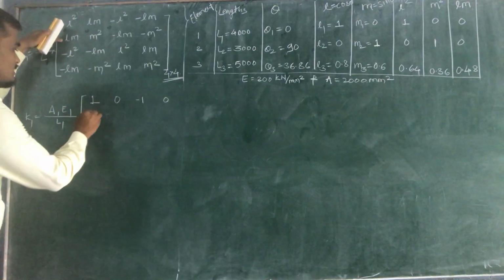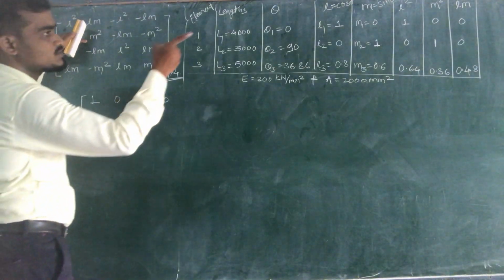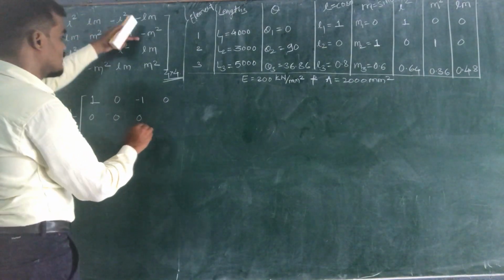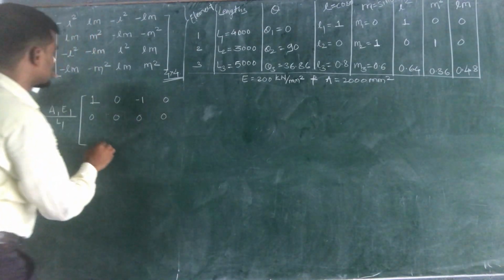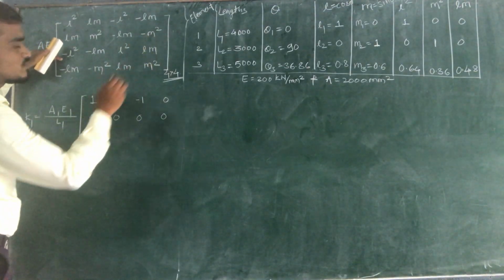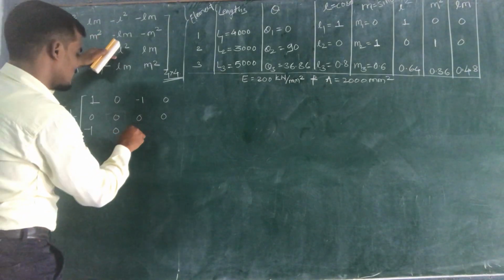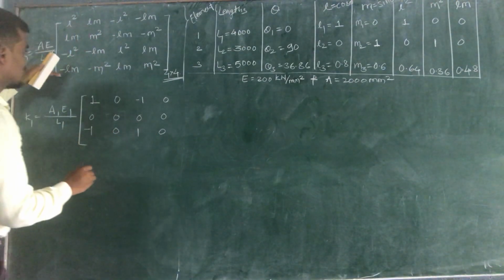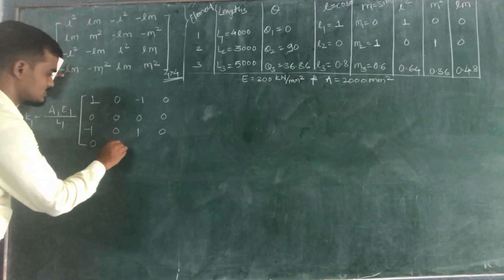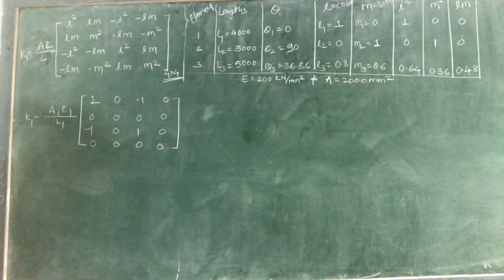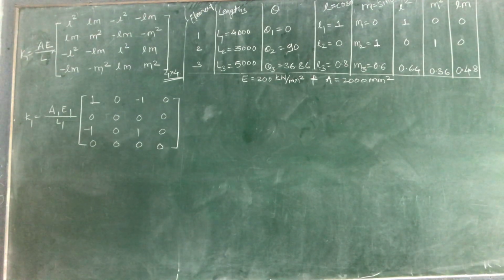Lm is 0, M square is 0 also. Then Lm is 0, M square is also 0. Then L square is 1, so minus L square is minus 1. Lm 0, L square 1, Lm also 0. So this is your first elemental stiffness matrix.